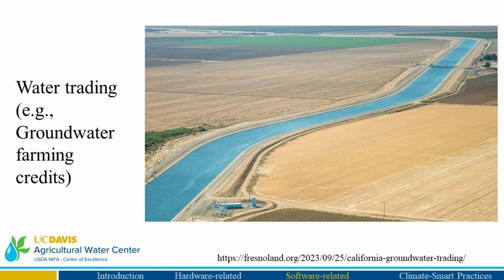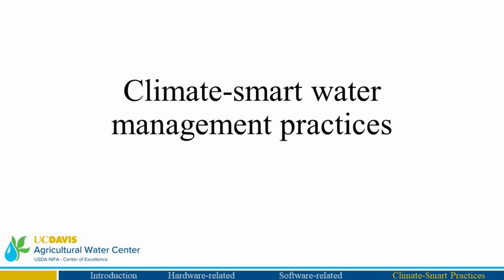Or if you're growing alfalfa, you can sell that water in a dry year to somebody growing, say, almonds or strawberries, okay? But of course, these are not silver bullets. There are negative consequences to all these things, okay? Like pushing out small farmers. And then there's a big issue of soil health.